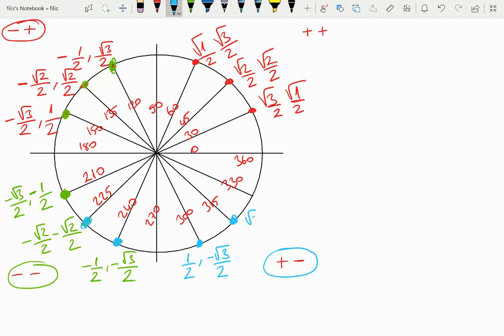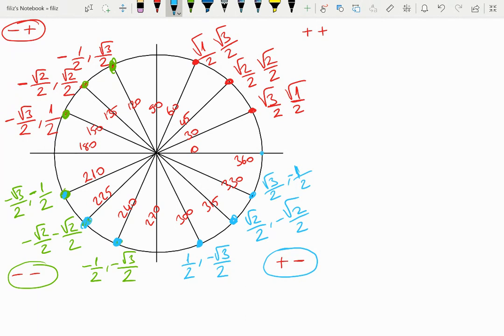First one is positive, and second one is negative. And last, okay, last one. Okay, so we understand this.